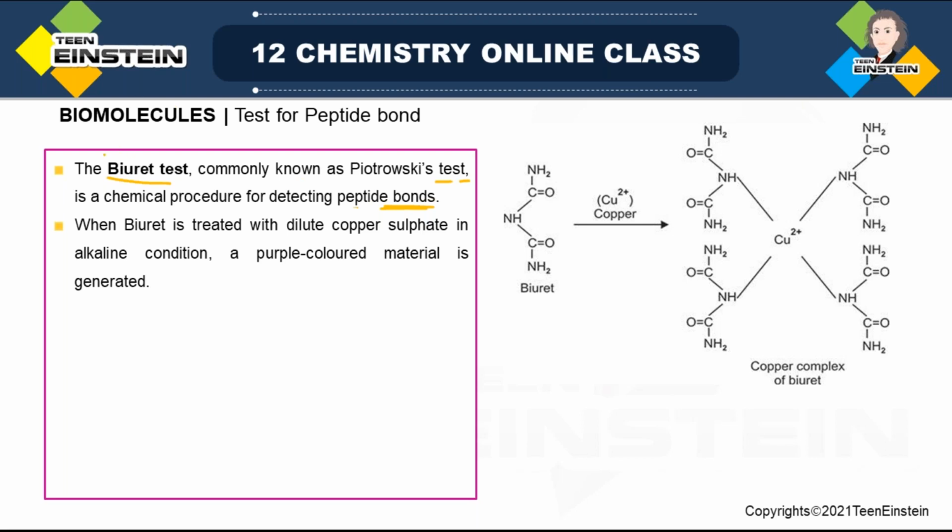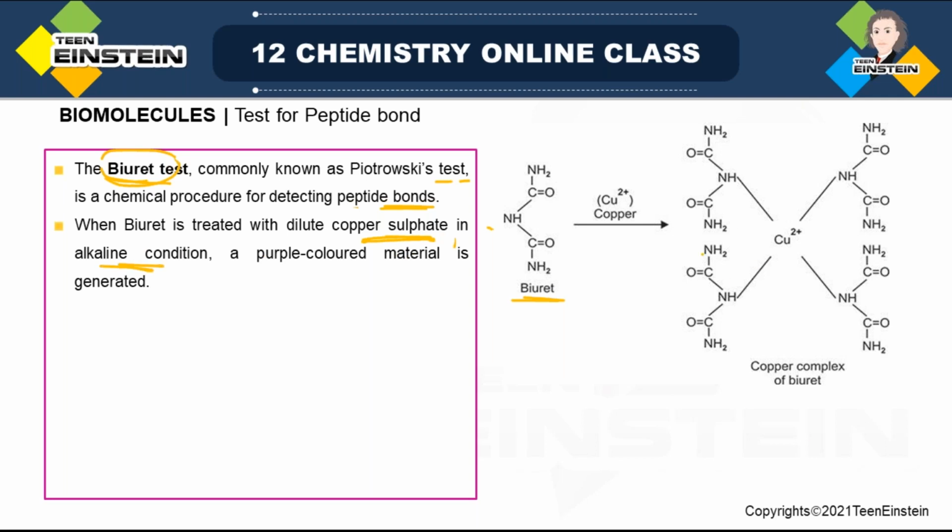Now why are we calling it the biuret test? What is biuret? This is the structure of biuret: NH2CO, then NHCO, NH2. If you look at this molecule carefully, there is a peptide type of linkage, NHCO, right? Now this molecule, biuret, in the presence of copper ion, Cu2+, when biuret is treated with dilute copper sulfate solution, that means Cu2+ ion, and it must be in alkaline condition, gives this type of complex.